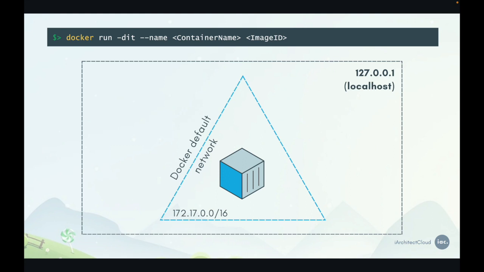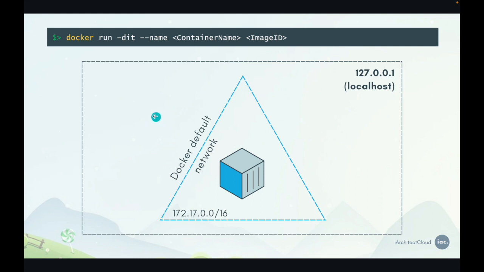So it looks like this. When you install Docker on your host machine, it creates a default network which is an internal network to your host machine. This network is isolated from other networks and other software running on your server.